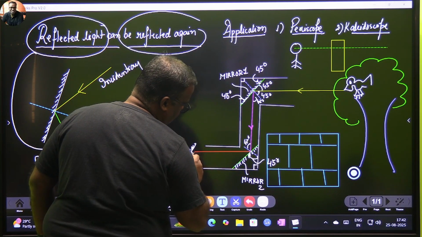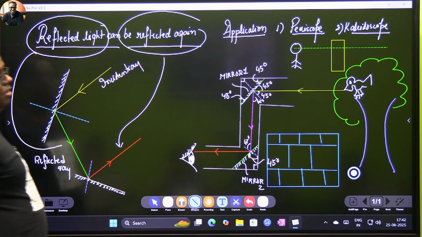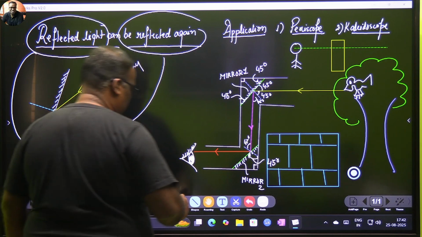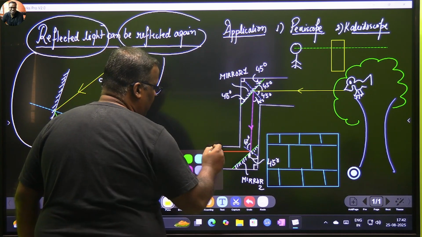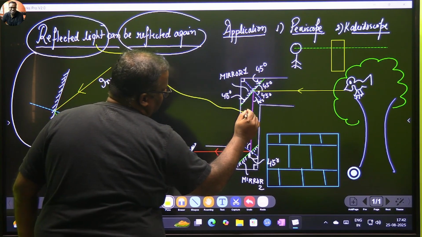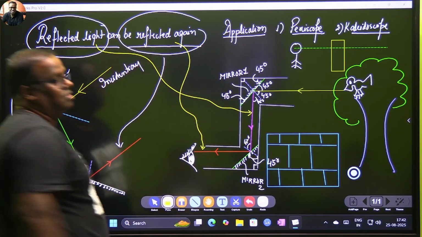Like this. So if you want to correlate our diagram with the heading, though it becomes a little bit complex, reflected light, which is this, can be reflected again, which is this.